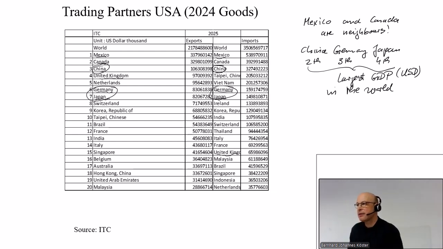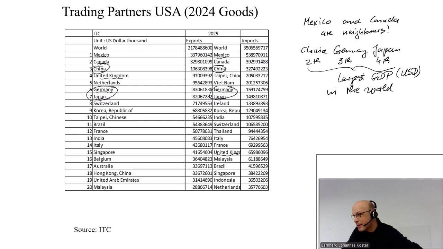But on the other hand, a country with a large GDP means that this country is a very large market, and that in general you sell more goods to a large market than to a small market. This is also more or less obvious.